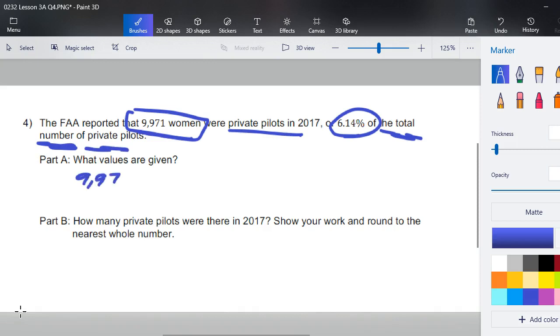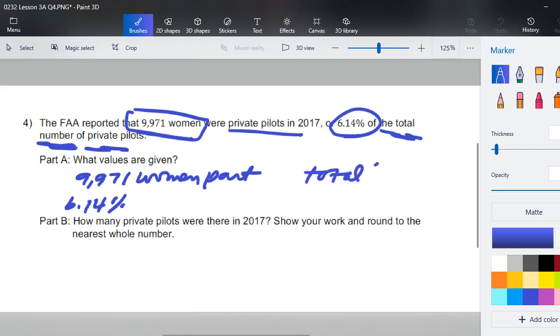We know 9,971 women are part of this whole event. We know the percentage that they represent is 6 and 14/100 percent. And what we don't know is what were the total number of private pilots.